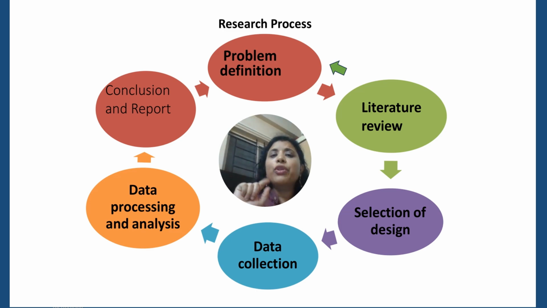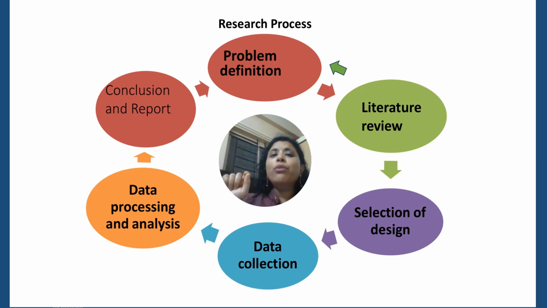So hence, if you can see in this process chart which I have made for you, problem definition and literature review are interlinked, interconnected. And then the literature review helps you to get clarity of whatever problem you want to address by citing other authors' work.